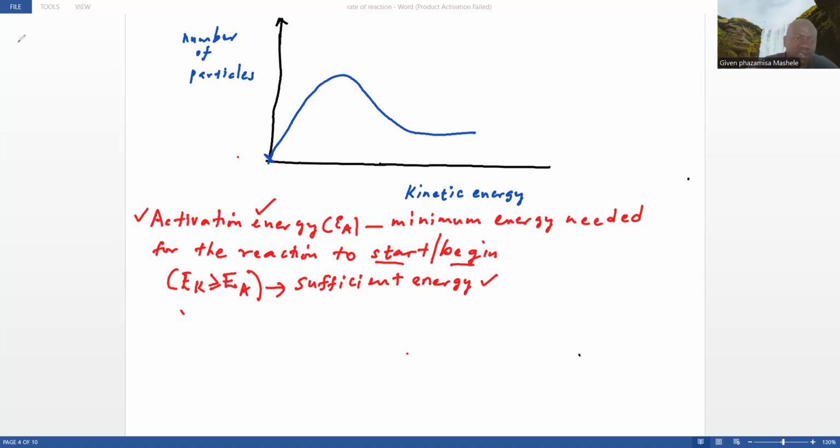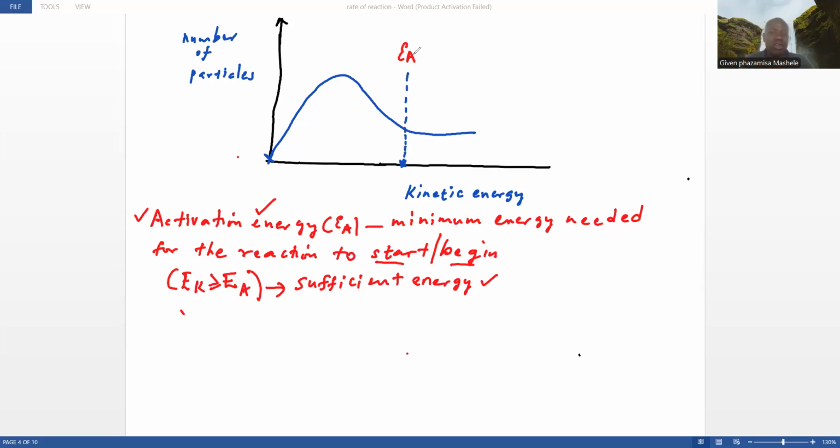Now, let me make a point here, and it's very important to be able to know this. This point is called the activation energy, the EA.